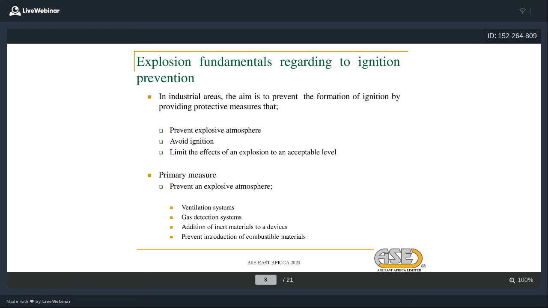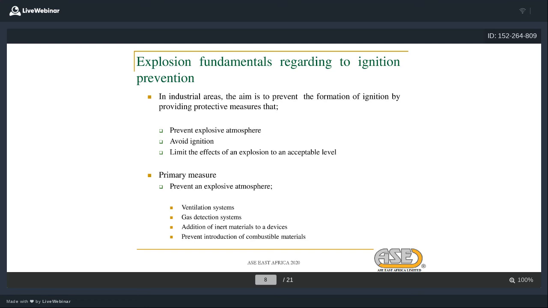First, we prevent the explosive atmosphere. We have primary and secondary measures to avoid ignition. And if we can't prevent the explosive atmosphere or avoid ignition, then we have to limit the effects of an explosion to a minimum level.